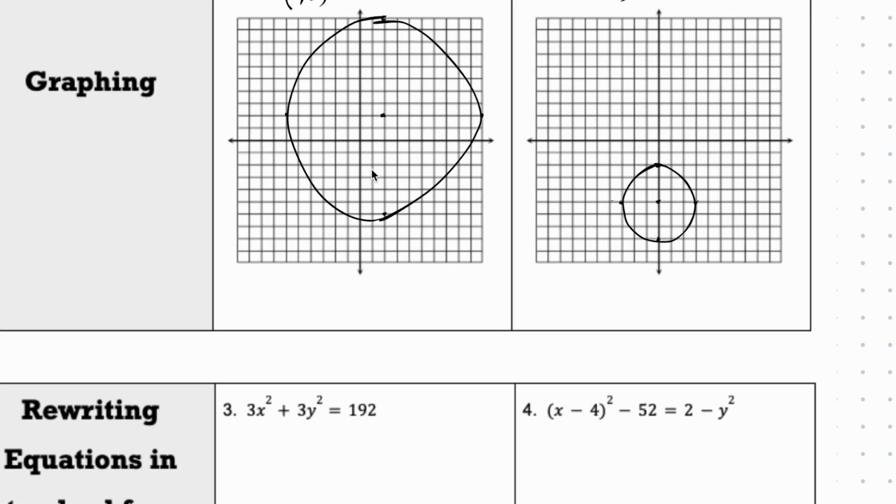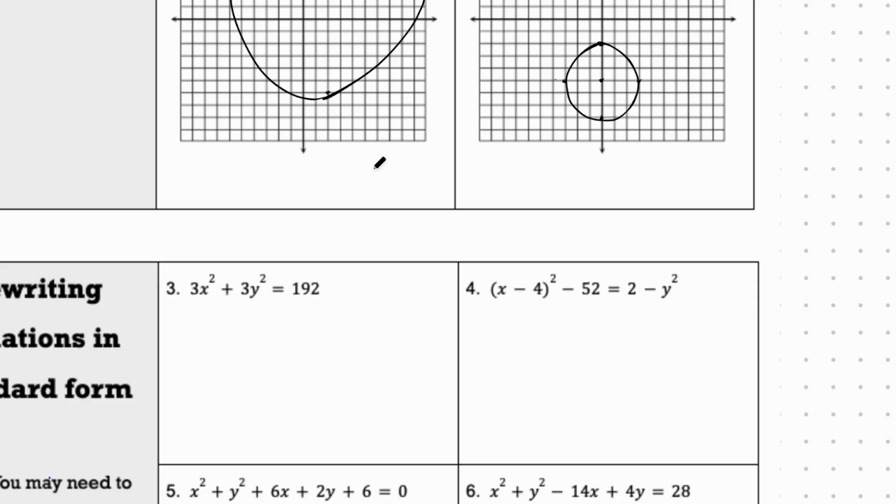Well, first thing we need to handle, and it's actually the only thing we need to handle, are these 3's out front. So I'm going to divide both sides by 3. So we're going to get x squared plus y squared equals 64. And that's all we need to do. We don't need to do anything else. So that's just our answer.